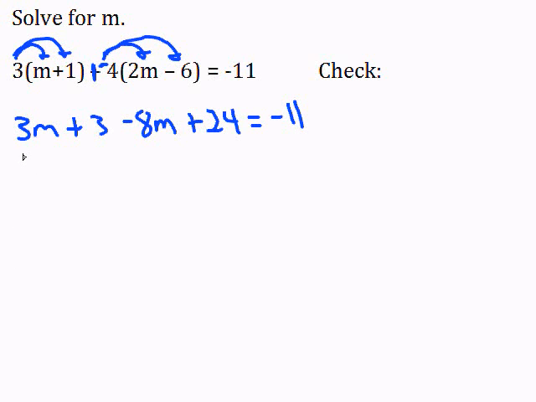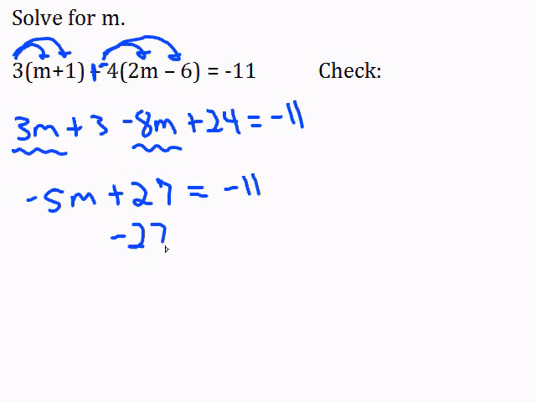Now that we have no more parentheses, we can combine our like terms. 3m and negative 8m gives us a total of negative 5m's. Plus 3 plus 24 gives us plus 27 equals negative 11. We're now going to solve in SADMEP order. SADMEP tells us we need to undo subtraction and addition first. So we're going to undo this plus 27 by subtracting 27 from both sides of the equation.